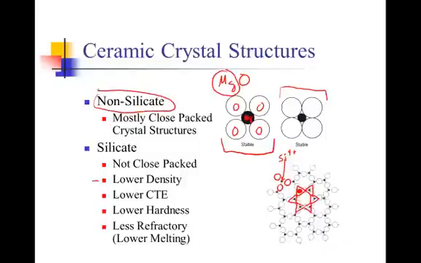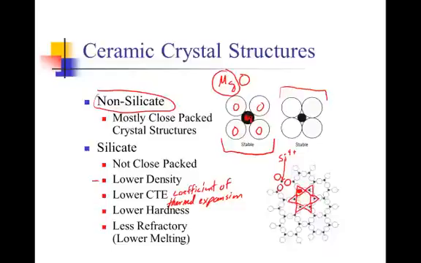They have a lower CTE, coefficient of thermal expansion, which is how much they get bigger when they're heated and how much they shrink down when they're cooled off again. So a material with a low coefficient of thermal expansion will stay almost the same size whether it's heated or cooled.